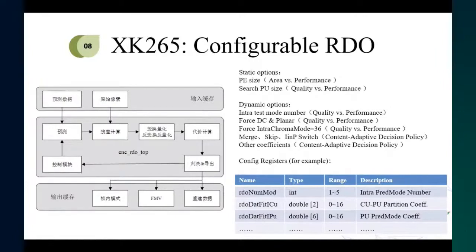For the dynamic options, you can adjust the intra mode number, and also you can force DC or planar or disable DC and planar, and force intra chroma mode equal to 36. And also we provide many switches for the merge, skip, and I block in P frame, and also other coefficients which can be used for content adaptive decision policy.